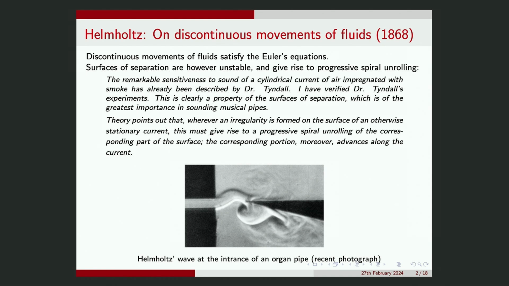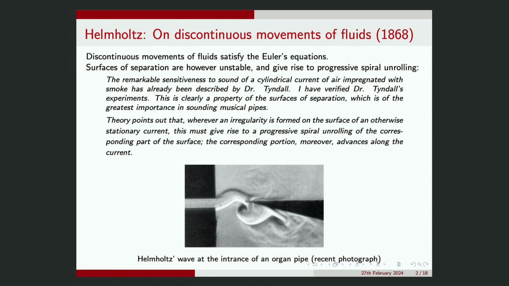So he points out that whenever an irregularity is formed on the surface of an otherwise stationary current, this must give rise to a progressive spiral unrolling of the corresponding part of the interface. The corresponding portion, moreover, advances along the current. So there is a clear description of the wave, but Helmholtz does not provide any calculation of the waves.